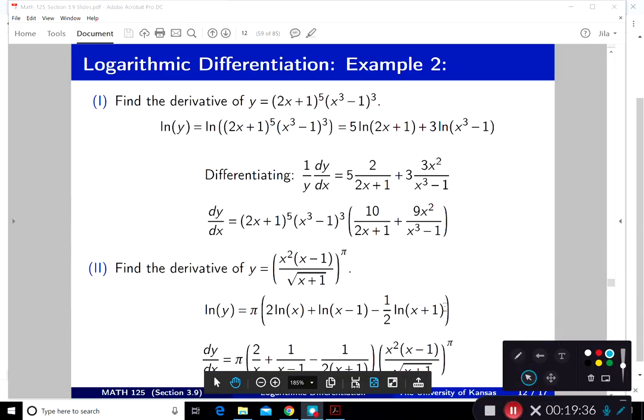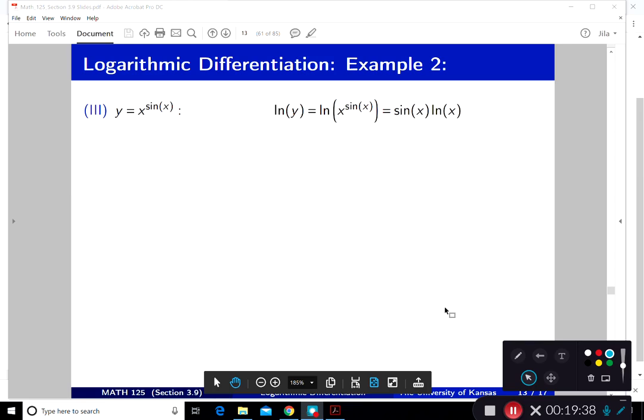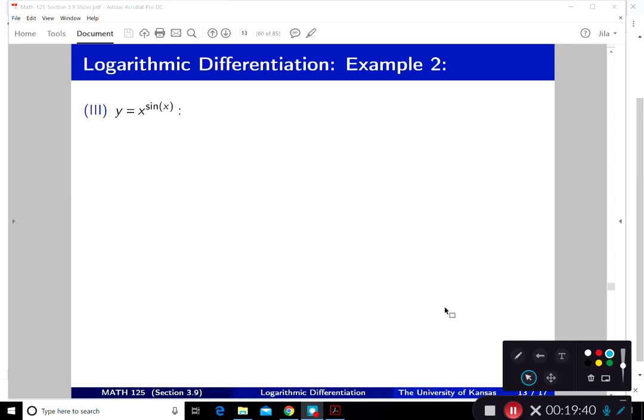So now that we're done with this question, let's start another question. Example 2, part 3, find the derivative of y if y is equal to x to power sine of x. So how do I do this? Again, it's a function to a power function, right?